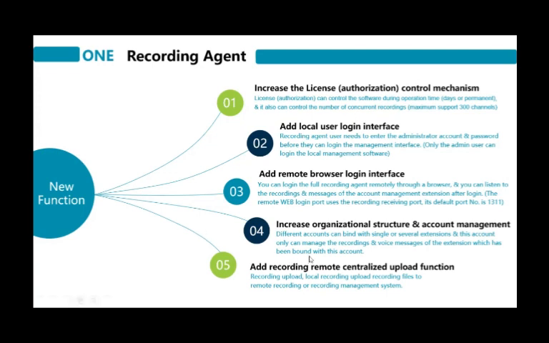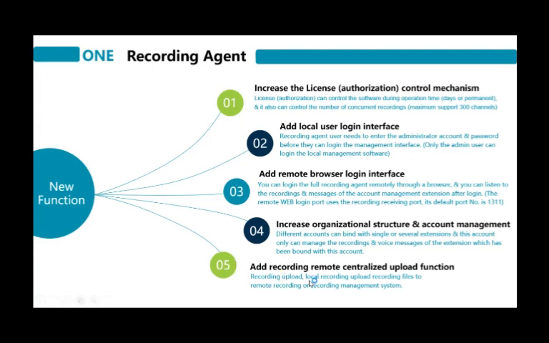And the fourth one is the increase of organizational structure and account management. So here you can use different accounts that can bind to single or several extensions. And this one can manage the recording or the voice messages of the extension which is bound specifically with this account.